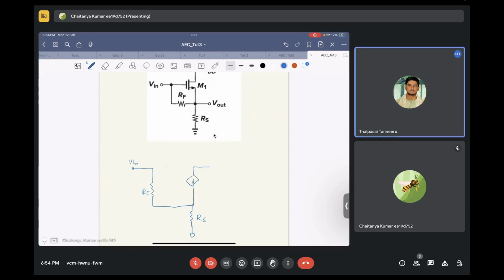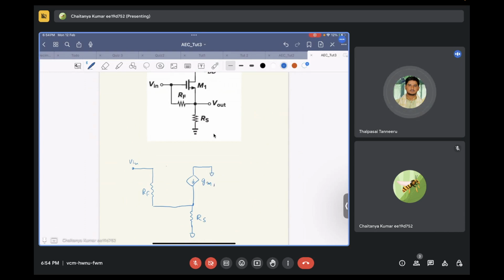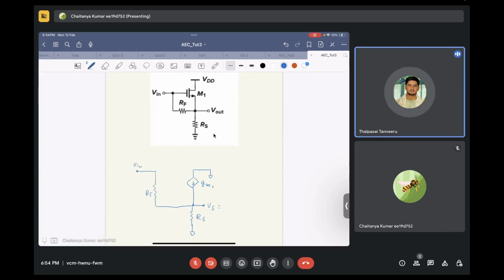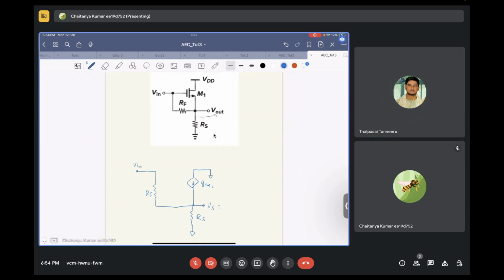GM1 VG minus VS times GM1, V in minus VS. What is VS? From this circuit, what is VS? V out by RS, sir. No, no. What is VS?